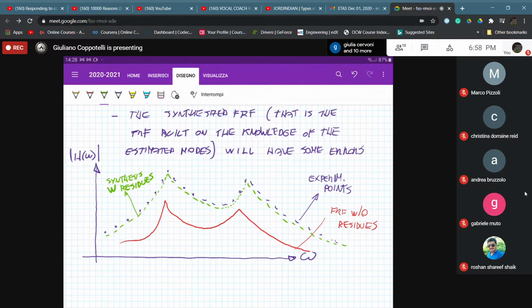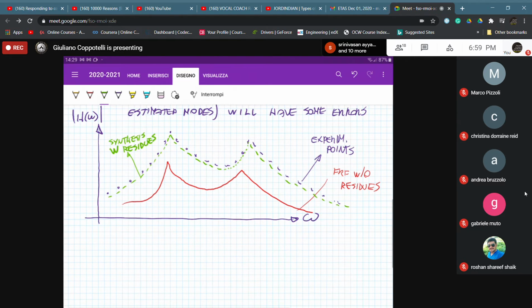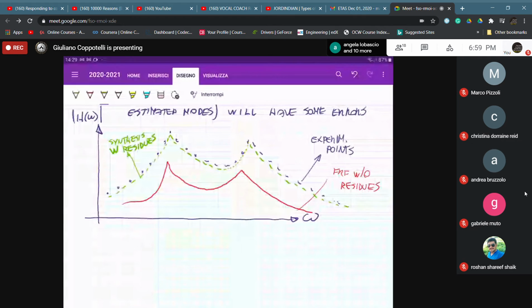You have the blue points representing, if you want, the truth, the experimental vision of your system dynamics. If you use just the modes that you have identified, your model parameters, you have the red line that is quite a good approximation, but is completely missing the effects of the residuals, okay? If you would like to have a good representation of your actual experimental system dynamics, then you have to add your residual terms, and therefore that leads to the green dashed curve, that is practically overlapping the blue points representing the experimental investigation.